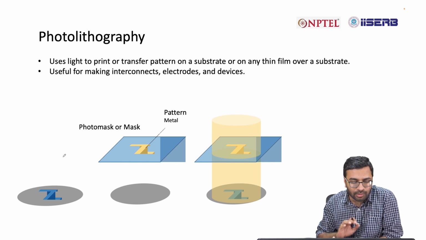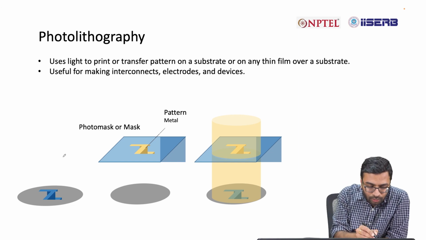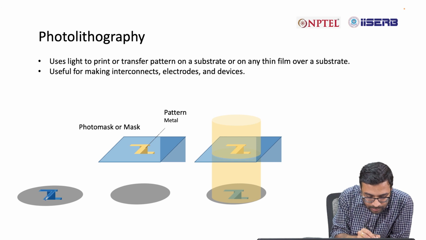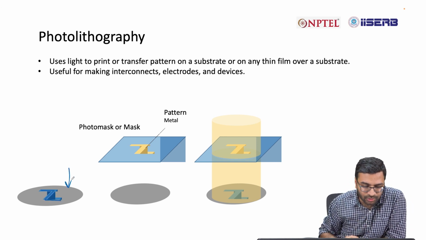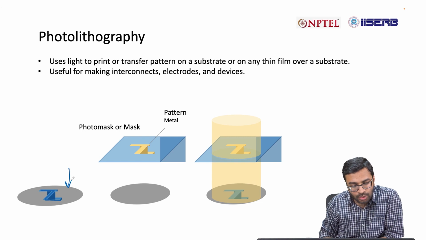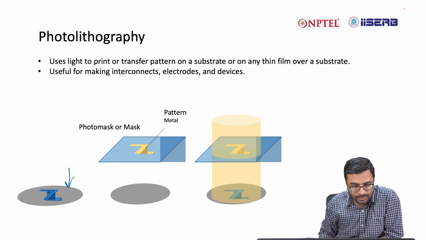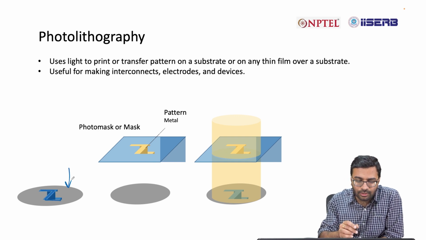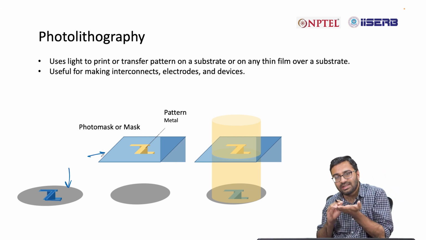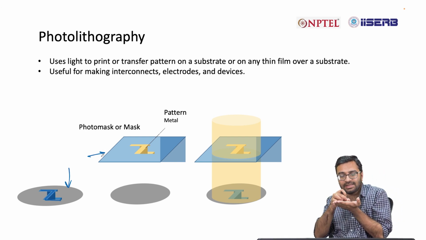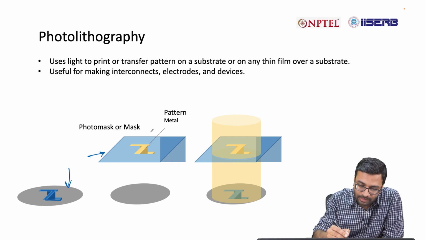Now, just to give you an idea, say you want to make a Z shape on a substrate. For that purpose, what we can do is take help of a photomask. So, what is a photomask? Photomask is a kind of material that has that pattern on top of it.